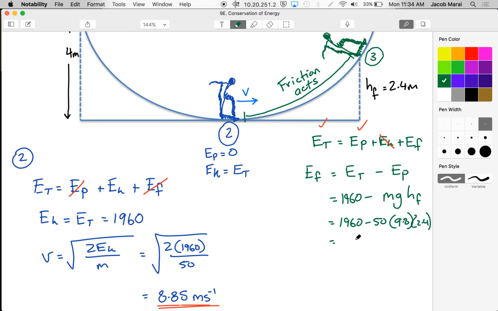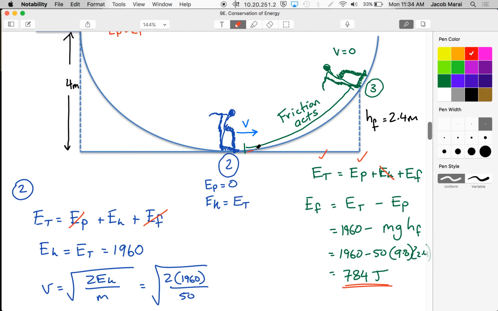That gives us 784 joules removed. Okay? And if we know the length of the ramp, we could say the average frictional force would be that divided by S. We could use our work equals F times S. So that was the work done to heat or friction.